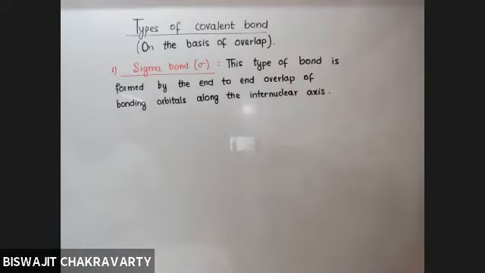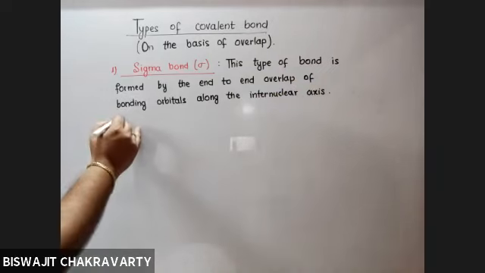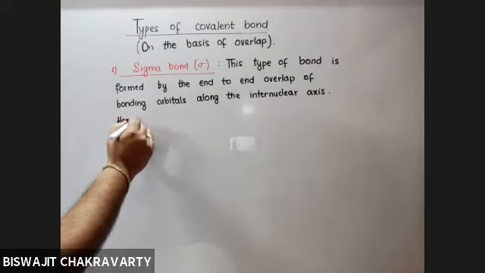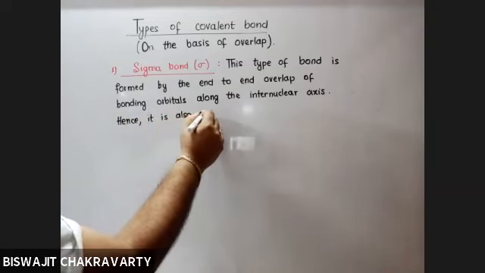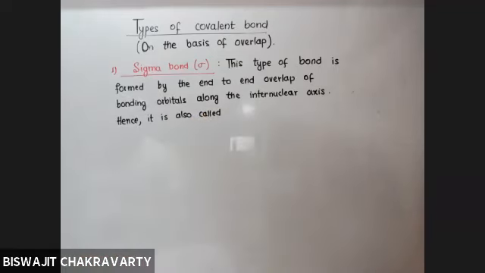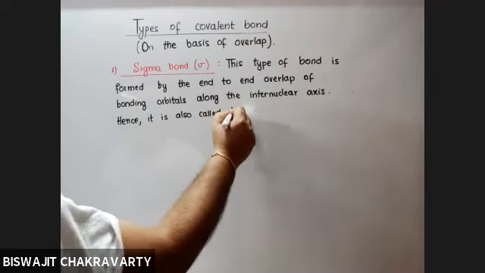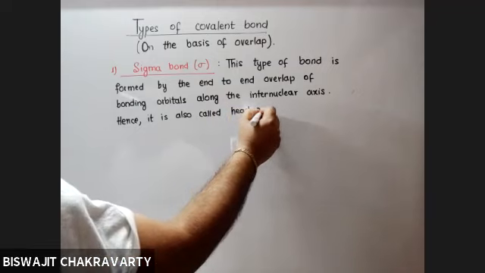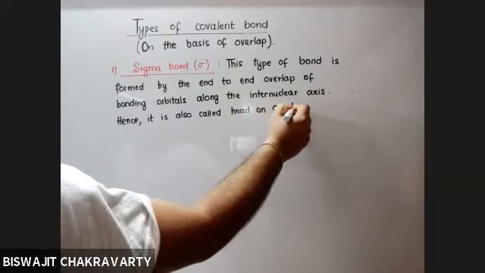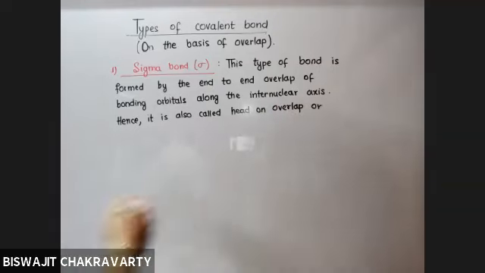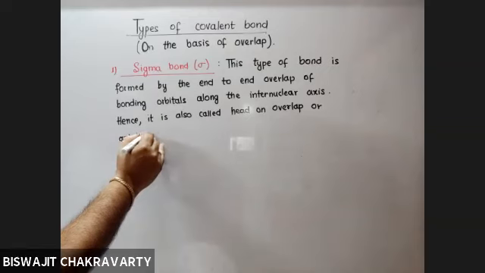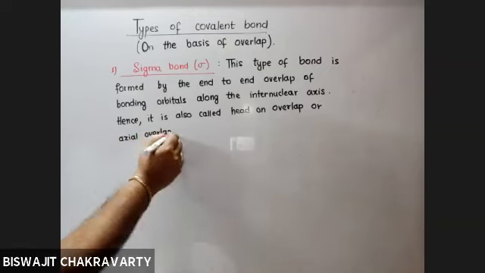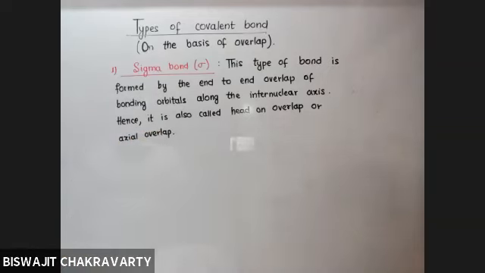And what is the internuclear axis that is considered? Z axis. Hence, it is also called head-on overlap or axial overlap.